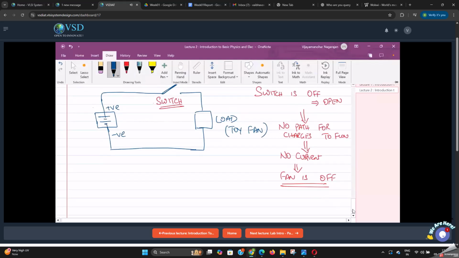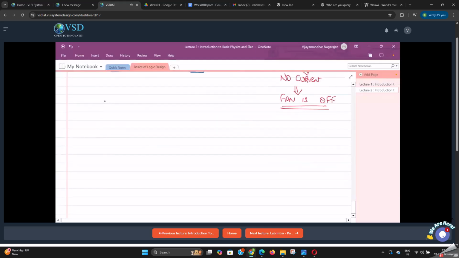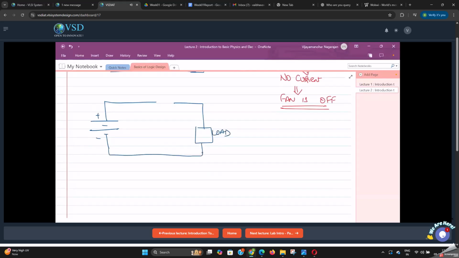Now let me look at the same circuit in the other way. This is my battery, positive and the negative terminal of the battery. I have my load, which is the toy fan.